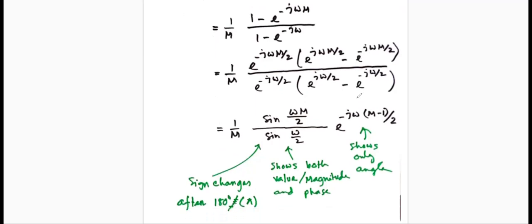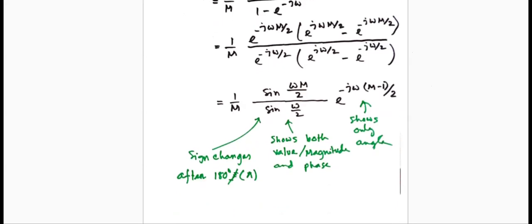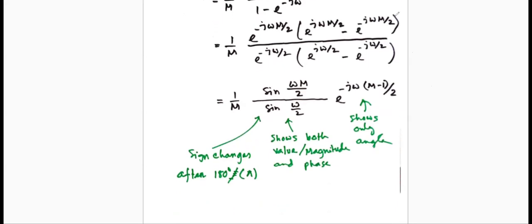And from this equation, we can write it directly to that one, where you can see this part has been converted to sine omega m by 2 divided by sine omega by 2.